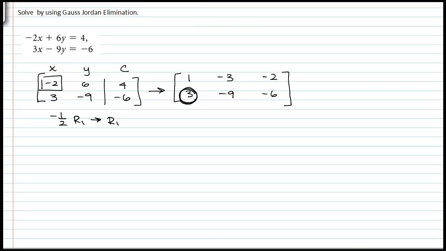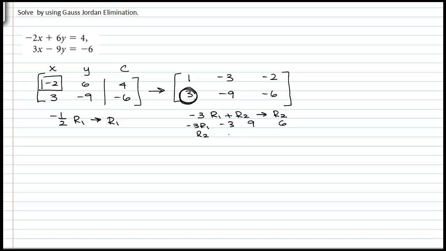Next, I want to get the rest of column 1 to be zeros. So what can I multiply to the 1 in row 1 that when I add it to row 2 will make it 0? And that's going to be the opposite of 3, which is -3. So -3 times row 1 is -3, 9, and 6.